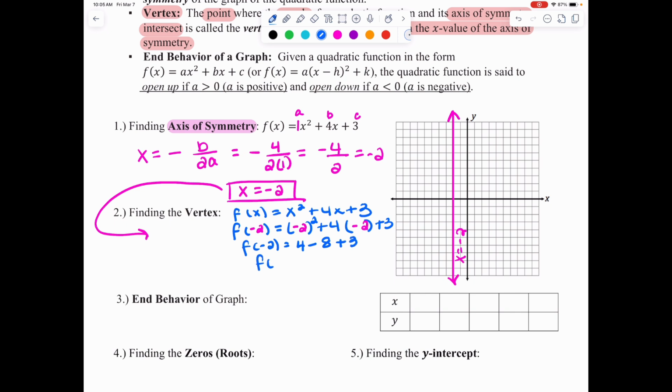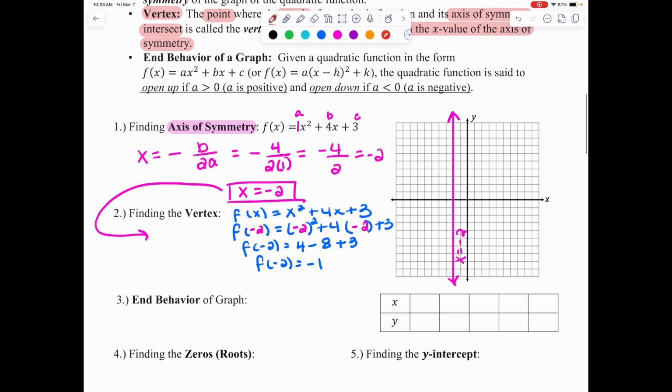So our f of negative 2 value is negative 1. So that means our vertex is negative 2 from the axis of symmetry x value, and the negative 1 that we just found. This is our vertex. So now we can go plot that point. Negative 2, negative 1.